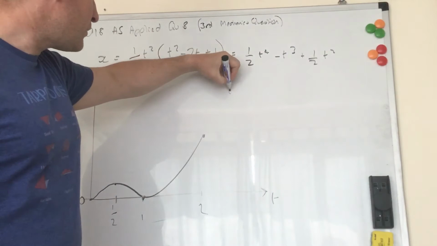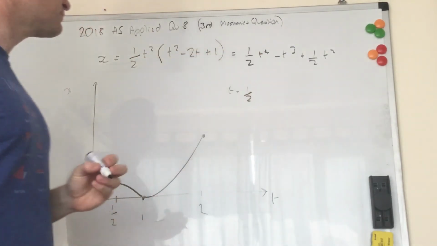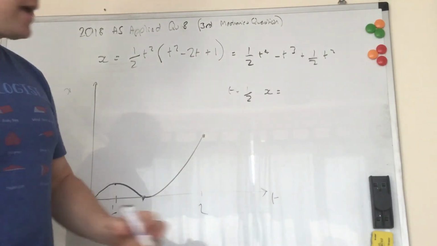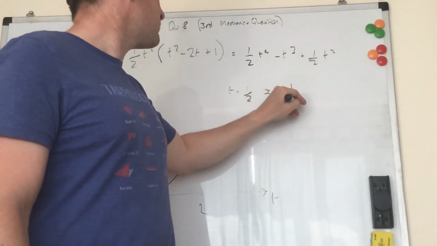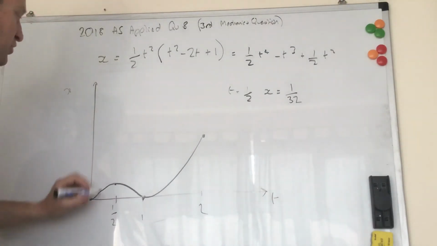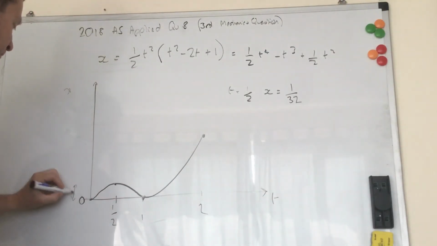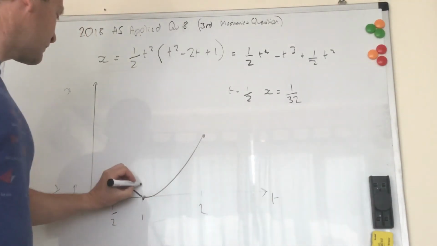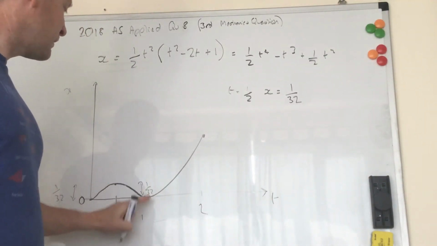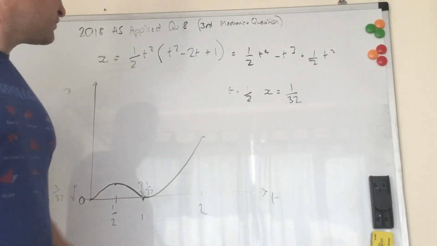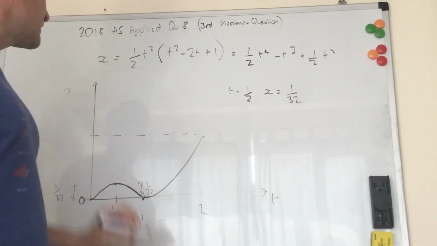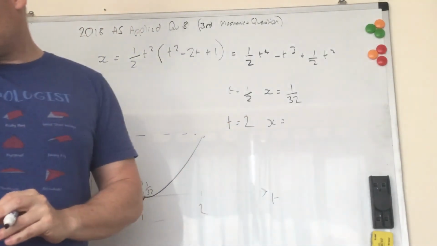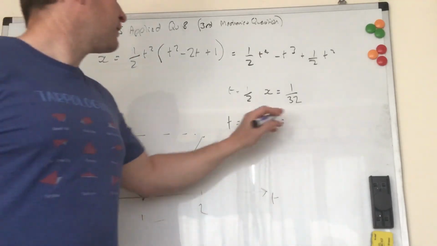So if we sub in t equals a half to this, we get x equals 1 over 32. So it goes up by 1 over 32. It then goes down by 1 over 32. And then it's going to go up, and we find that by subbing in t equals 2. So when we sub in t equals 2, we get x equals 2 as well, I think.